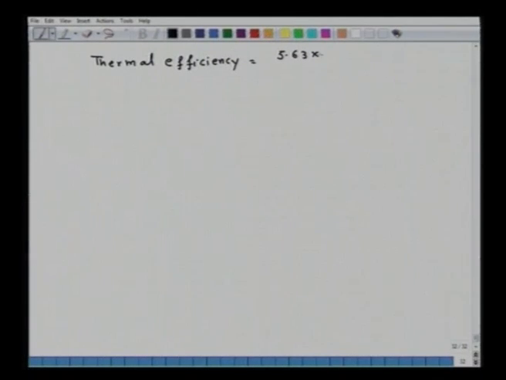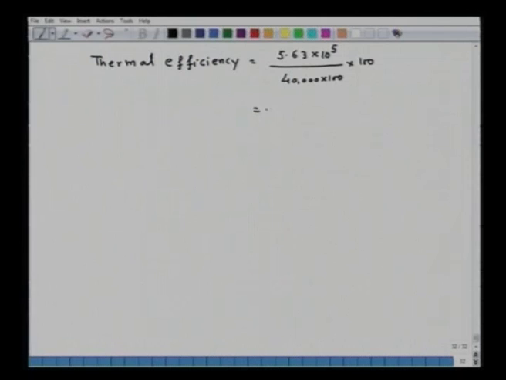Now, we can calculate the thermal efficiency. See, thermal efficiency will be equal to 5.63 into 10 to the power 5, that is the heat taken by the product, upon heat in, that is 40,000 into 100, multiplied by 100.